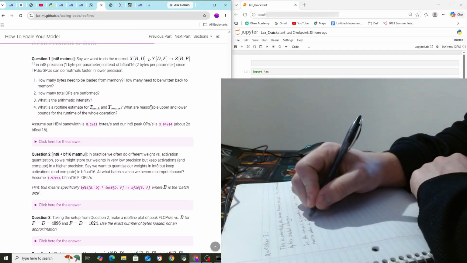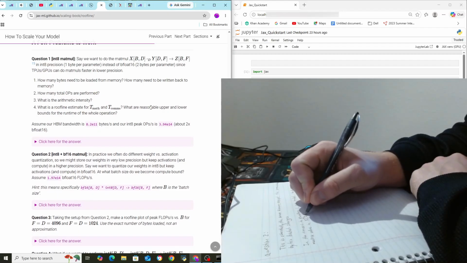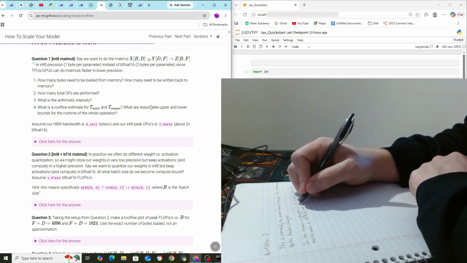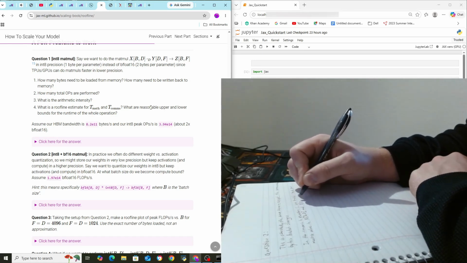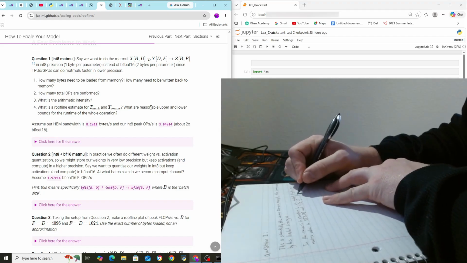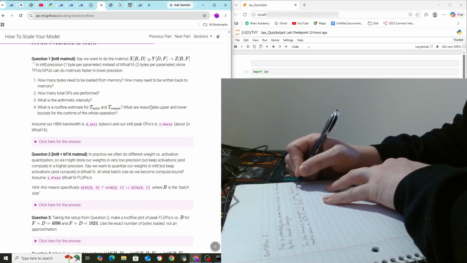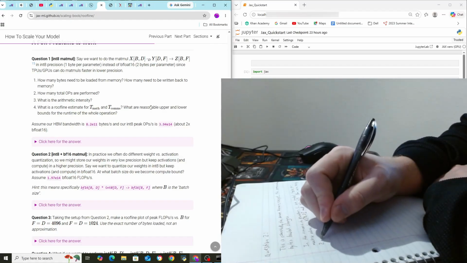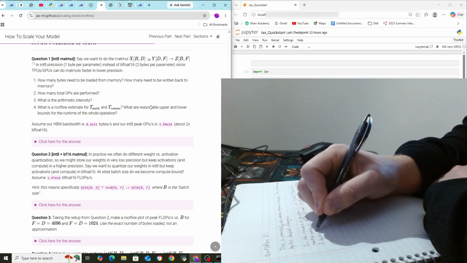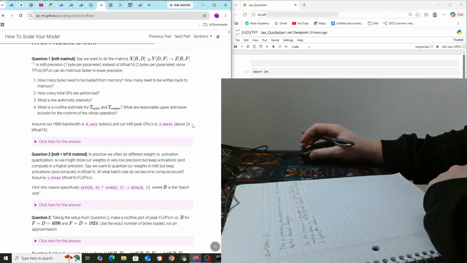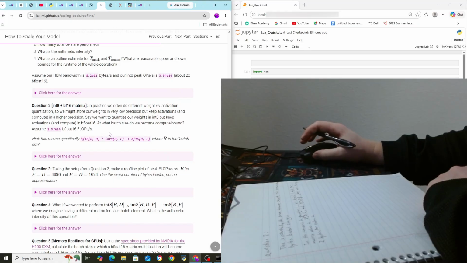In X, B, D, and Y, D, F. Now we're loading 2 bytes per value in, what do they call these matrices?